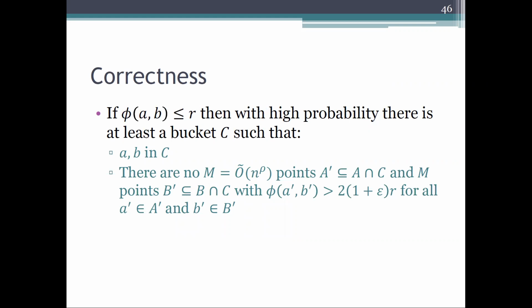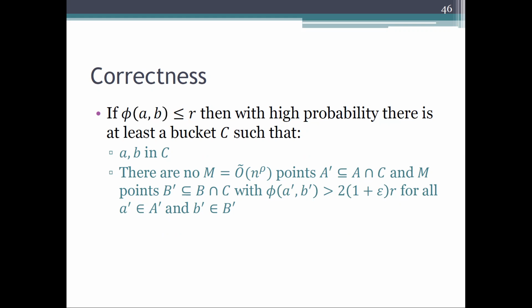The correctness of this procedure follows from the next observation. For any pair AB with distance at most r, with high probability there is at least one bucket C such that, first, both points A and B lie in bucket C, and second, there are no m points A' in C and m points B' in C such that all their pairwise distances are greater than 2 times (1 plus epsilon) times r.